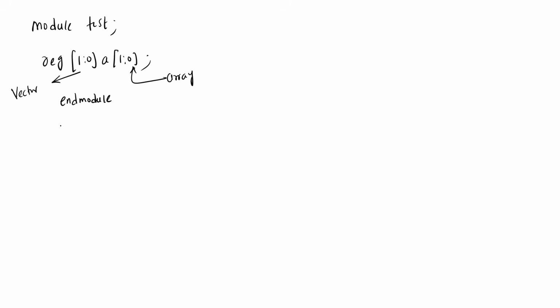In total, how many locations are there? Two locations: location 0 and location 1. In each location, how many bits can we accommodate? 2 bits.